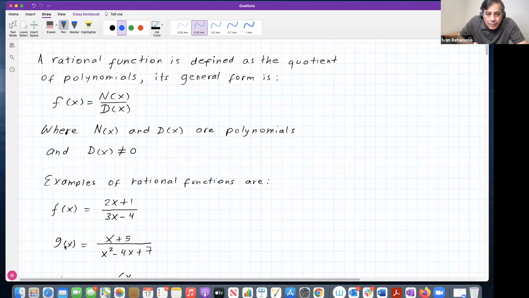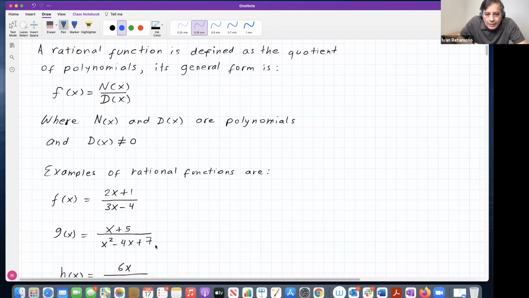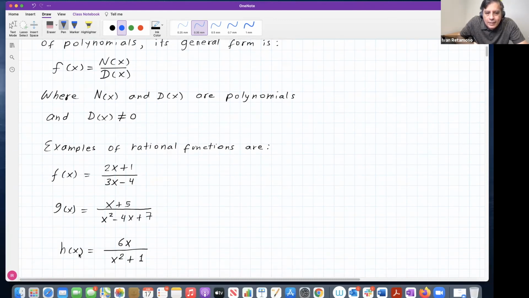So you can form another rational function by taking a linear polynomial, degree 1, divided by a quadratic polynomial, degree 2, x squared minus 4x plus 7, right? And then you got yourself another rational function. Here is another example, 6x on the numerator divided by x squared plus 1. These are all rational functions, right? We're going to study them in detail now.